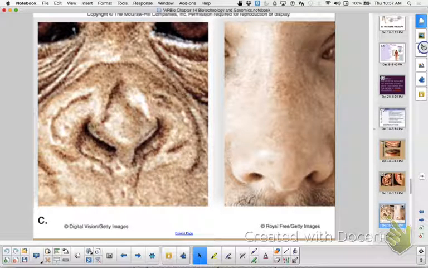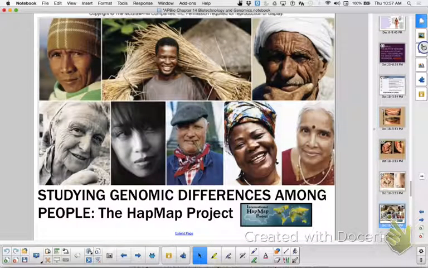Okay? All right, now the HapMap project, this is a project that's just looking at the differences among people of different cultures. Let's say you develop a drug treatment, if you're going into pharmaceuticals.